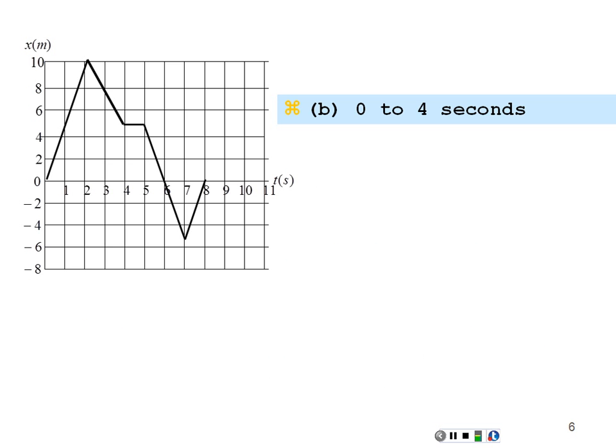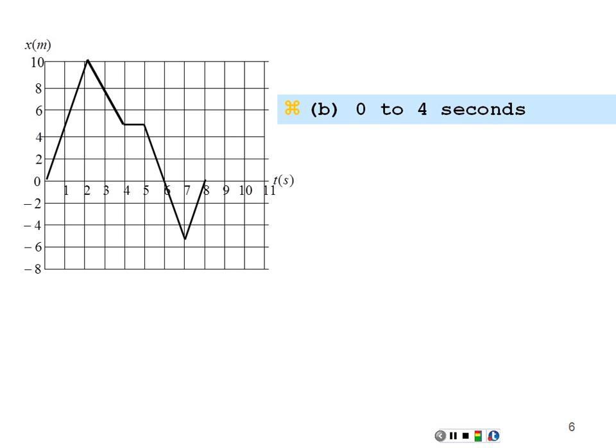What about from 0 to 4 seconds? I want to find my average velocity on this position versus time graph from 0 to 4 seconds. Now, if I were to actually do this graph in my motion, I'm starting at position 0 at t equals 0. I travel 10 meters over 2 seconds, and then for the next 2 seconds, I travel back another 5 meters.